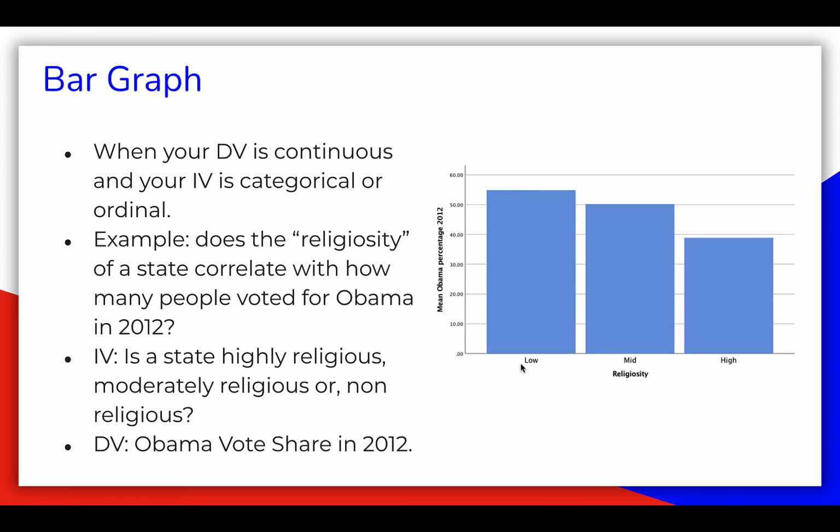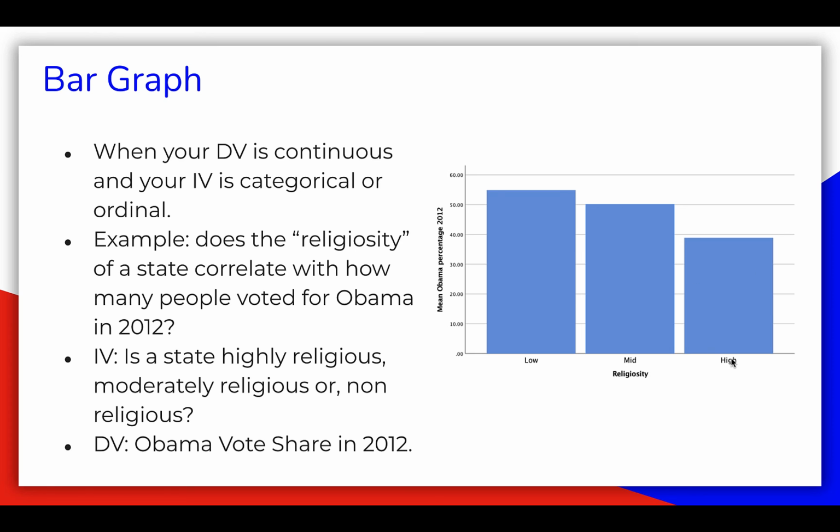But our independent variable is whether the state is highly religious, which is up here, sort of middle, moderately religious, or non-religious, low, right here. And as we can see, states that had lower levels of religiosity were more likely to go for Obama, right? He had a higher vote share. And then it drops down a little bit for moderately religious.